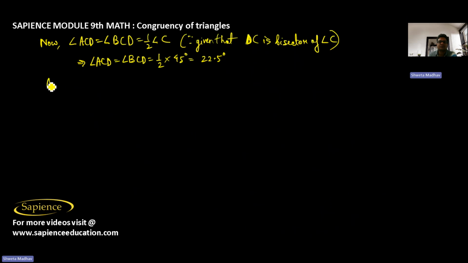And also I can see that in triangle ADE, AD equals AE, which is according to the construction.